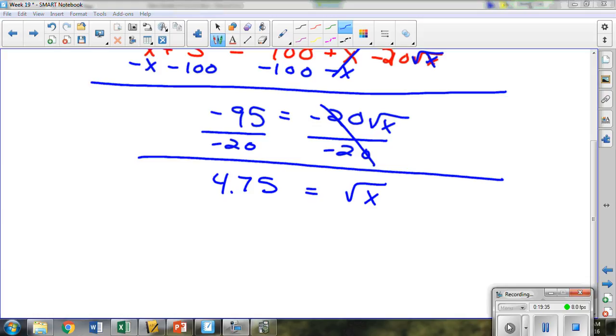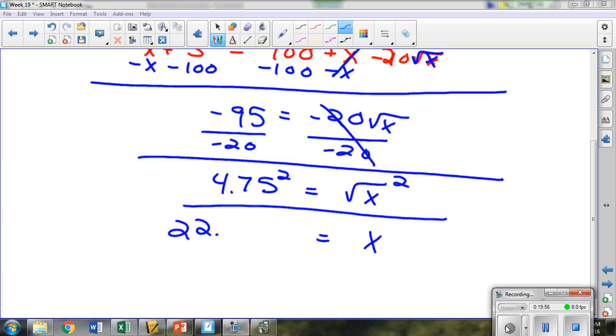And how do you get rid of your square root? By squaring. And so we get our final result, 4.75 squared, which equals 22.5625. And we have a solution.